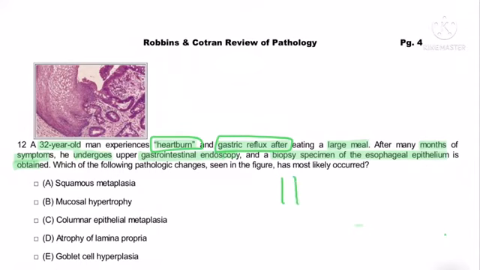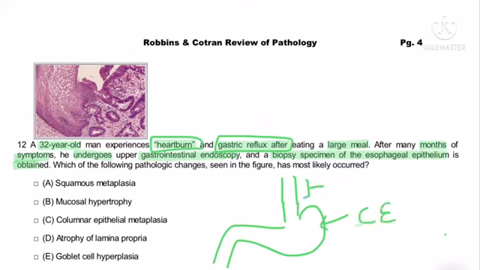You know that this is your esophagus and this is the stomach. The stomach has a lining of columnar epithelium, and the esophagus has squamous epithelium. There is a junction called the gastroesophageal junction, and upon endoscopy this junction is called the Z line.